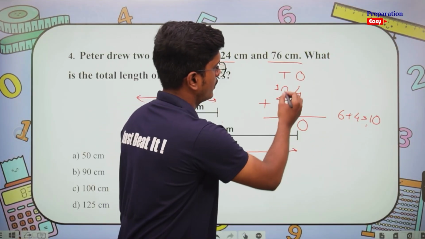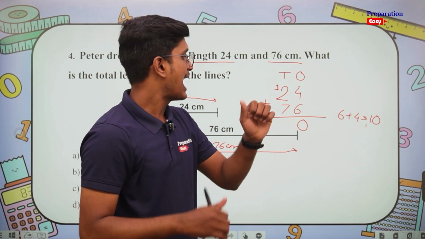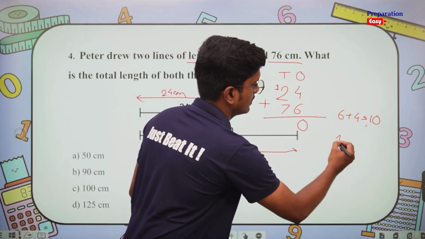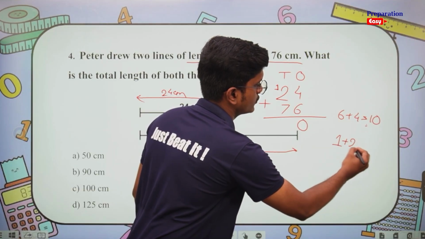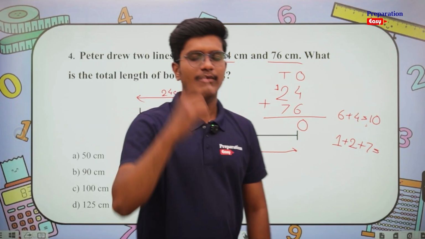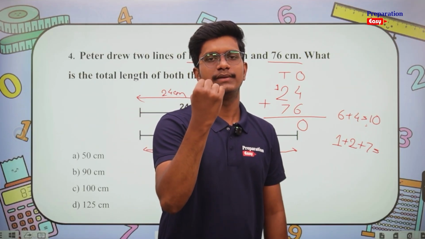So we have to sum this up again. We have tens, we have 1, 2 and 7, right? So we have to sum them together. 1 plus 2 plus 7 is equal to how much? Keep 1 in mind, count after 1, 2 fingers, 2, 3. Okay, we got 3.